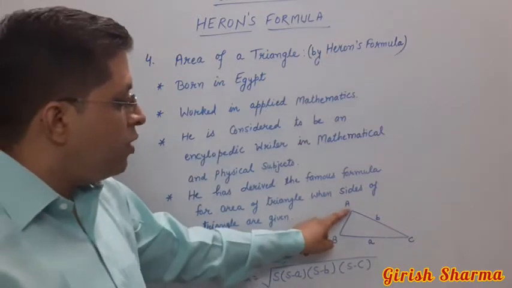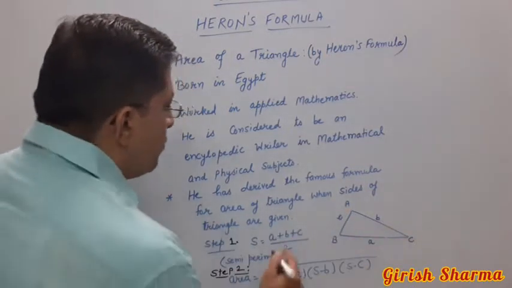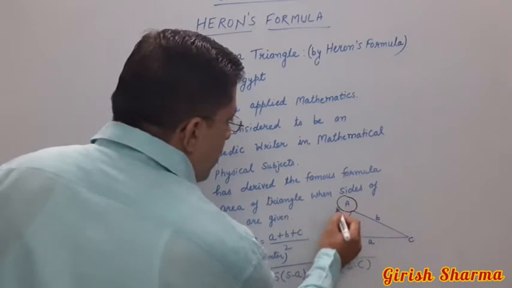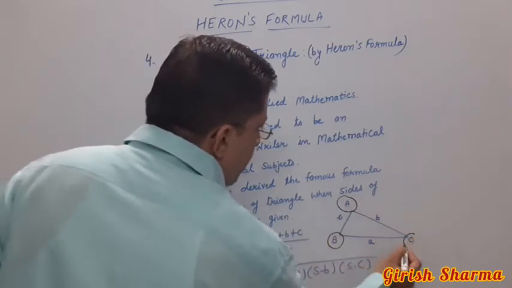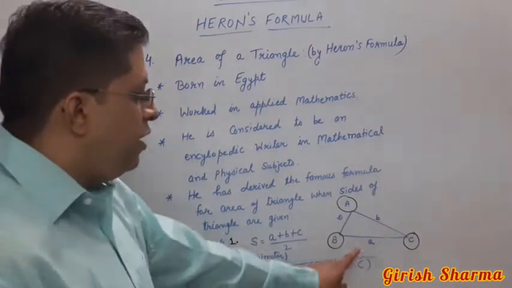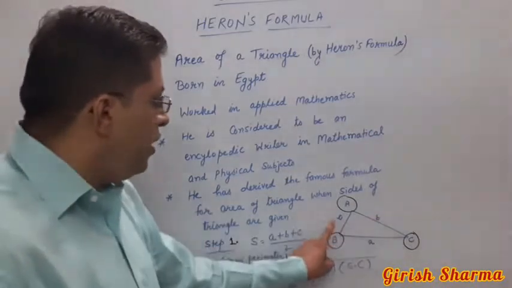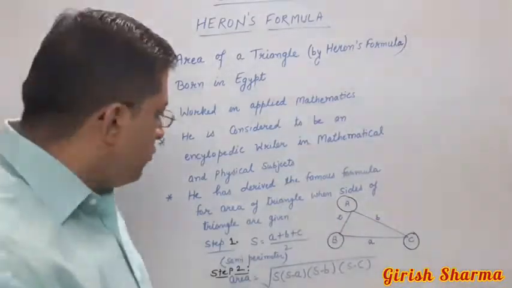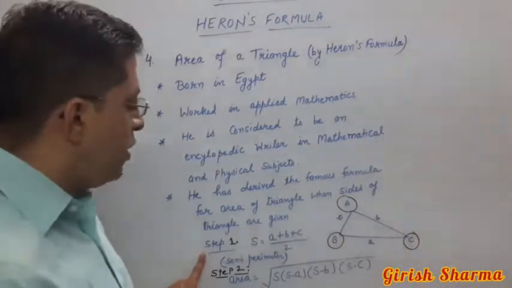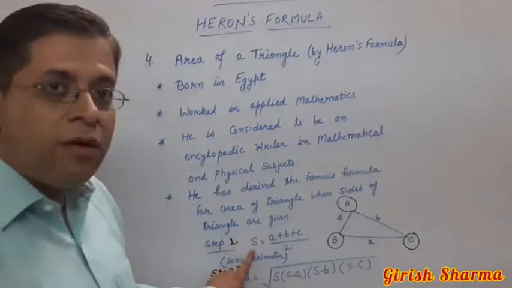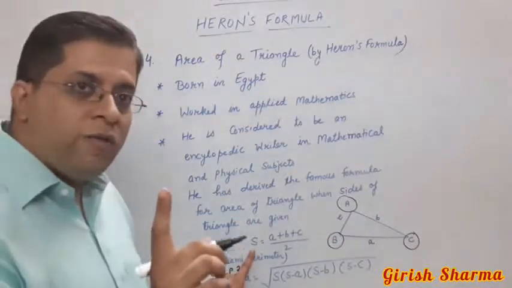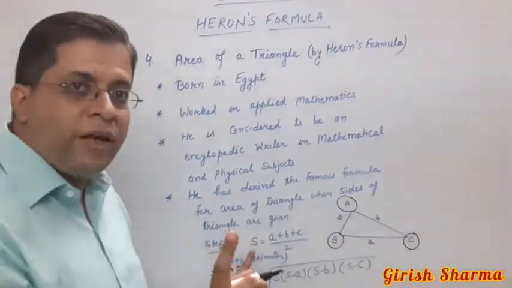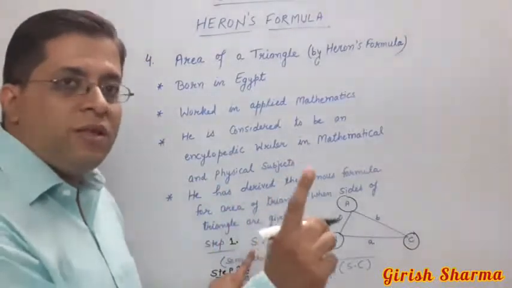Now I am taking one triangle ABC. This is your triangle ABC. Vertices are given to you, A, B, C, and sides are small a, small b and small c. Now see, what is step number 1? First of all, you have to find the semi-perimeter. Perimeter we know is the sum of all three sides, a plus b plus c.